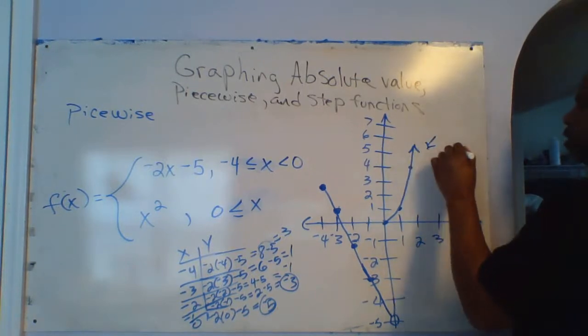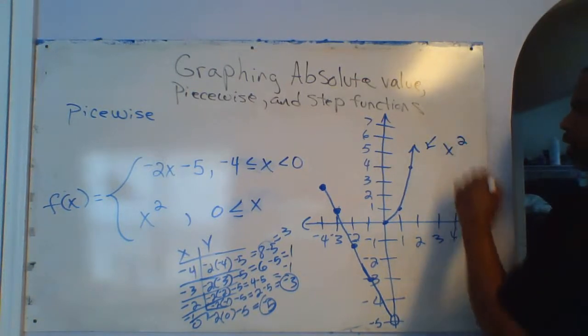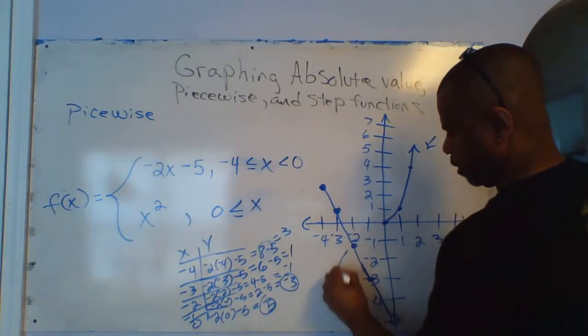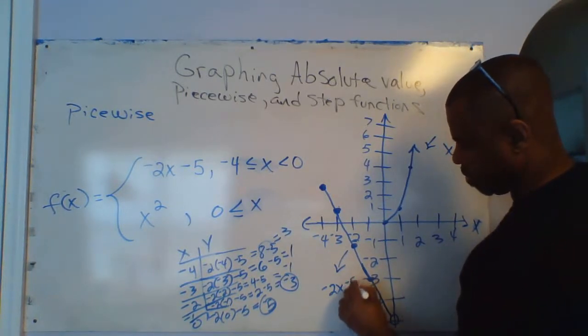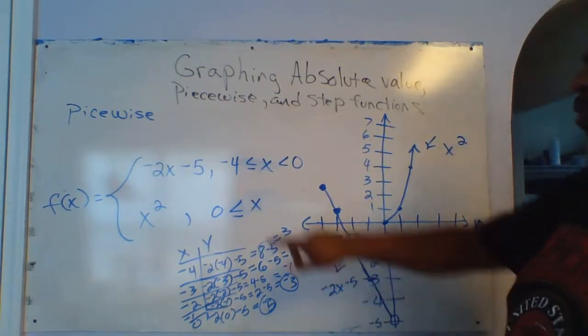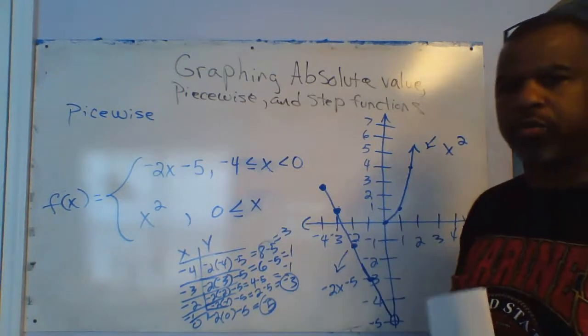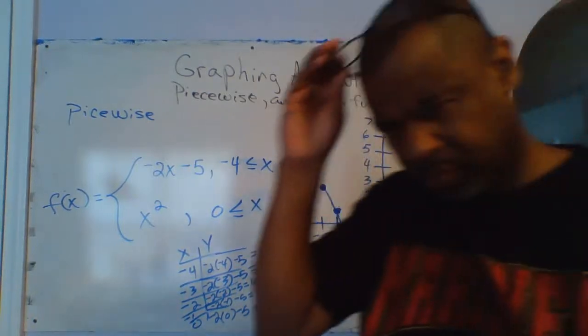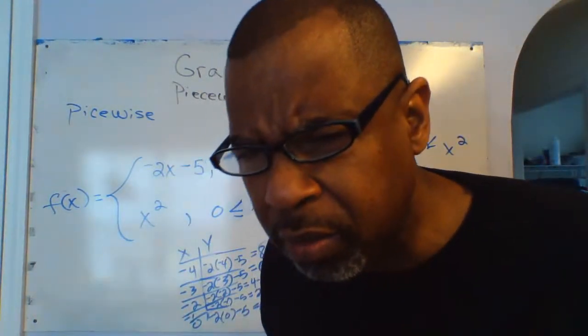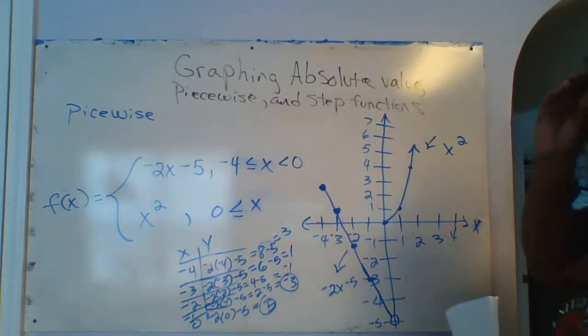So this is going to be x squared, and this is going to be negative 2x minus 5. And we put restrictions on it because we only want just the pieces. Where does negative 4 come from?